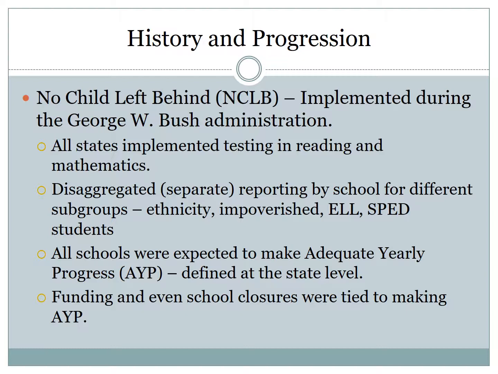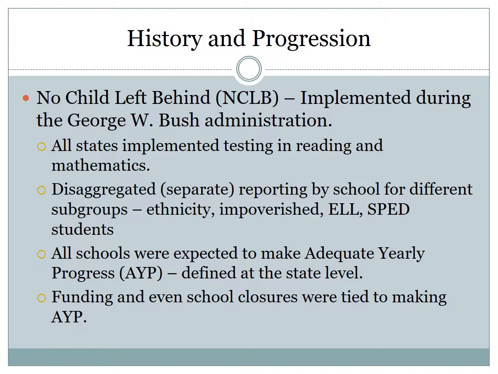And the point here, as the name implied, was that some of these students were falling behind. So we had to test them in order to track how they were doing year upon year upon year. All schools were expected to make what was called adequate yearly progress, or AYP, and the states defined what this AYP consisted of.